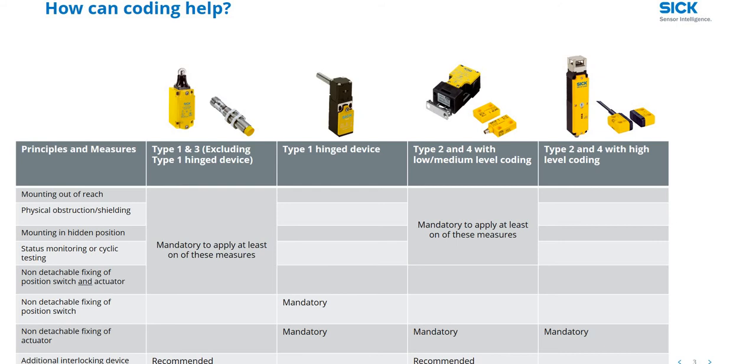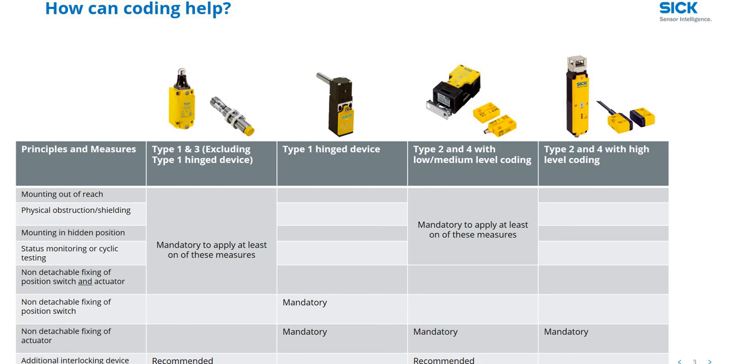And then also, it's recommended to add an additional interlocking device and implement checking for plausibility, also done mainly by the PLC control system. And then just slightly differently, if we're doing a hinged device, so this would be a type 1 interlock, we must, mandatory according to ISO 14119, apply non-detachable fixing of the switch and actuator.